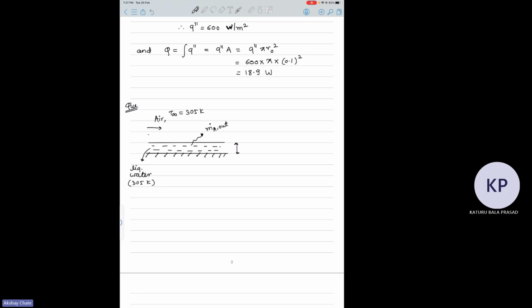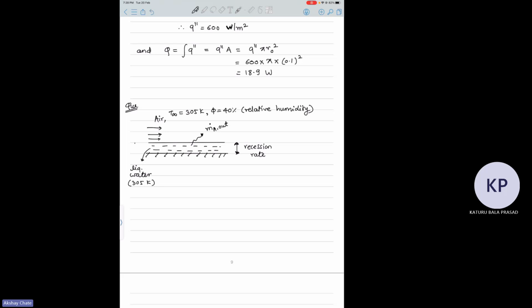The air is flowing on top of the water layer, and the air has 40% relative humidity. So this is not dry air. They have not mentioned the height, but they have given the rate at which the height is decreasing, called the recession rate.